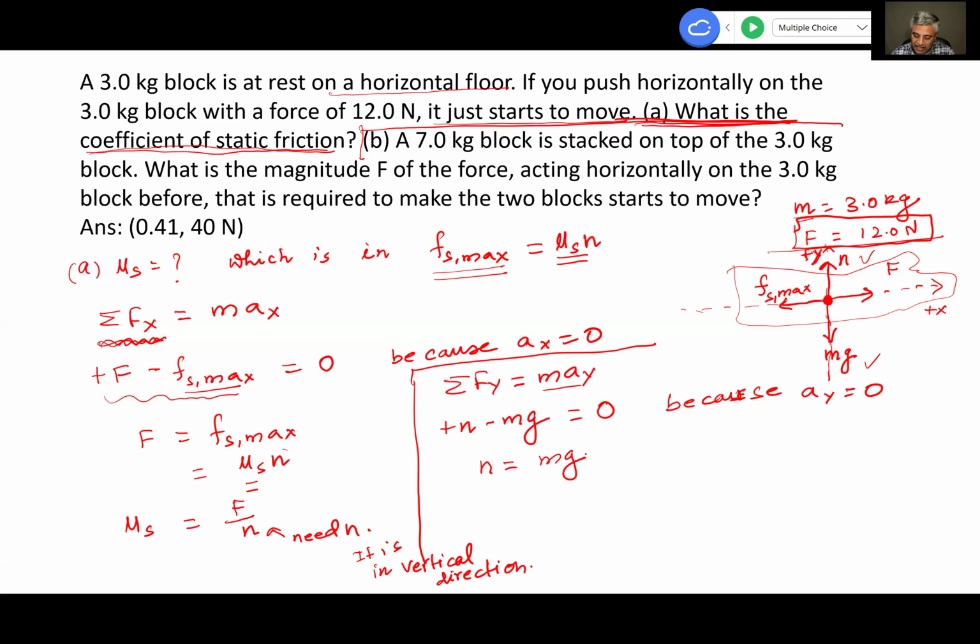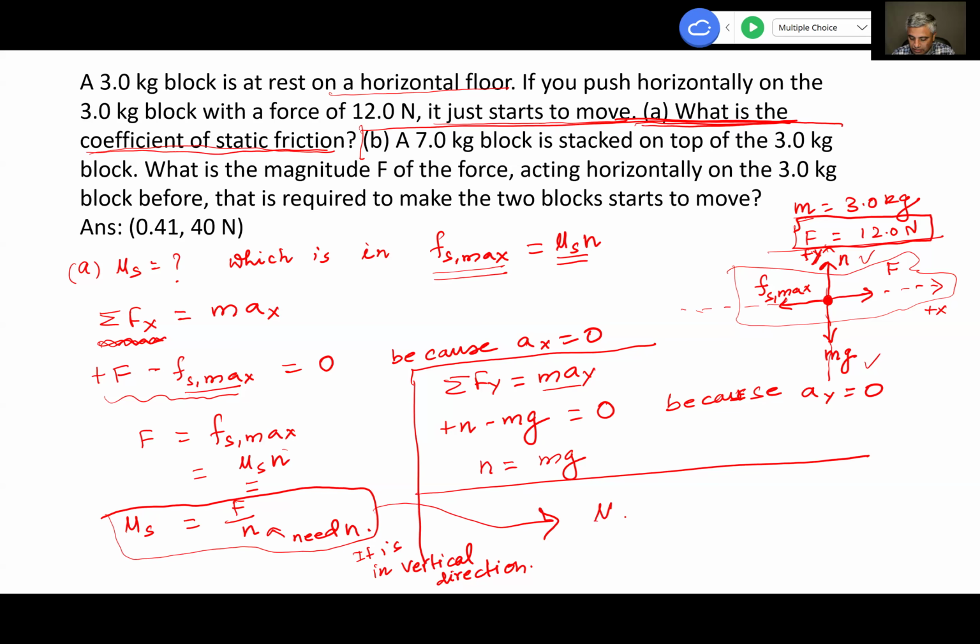So now with that, what I can do is go back and use that since we needed that, right? F over N, but we just learned that N is m times g, the weight of the object.